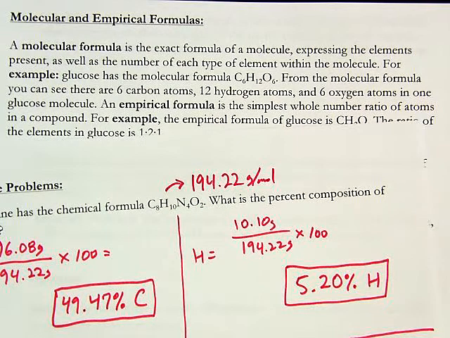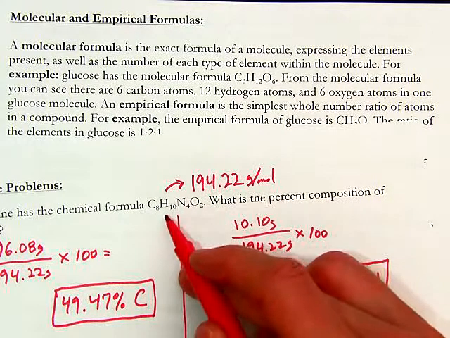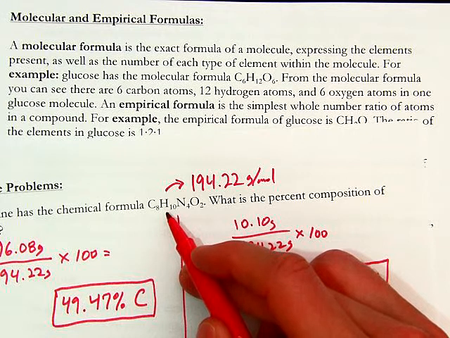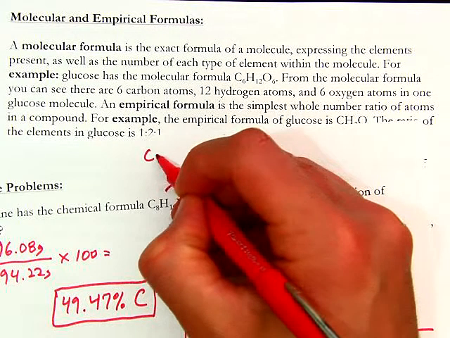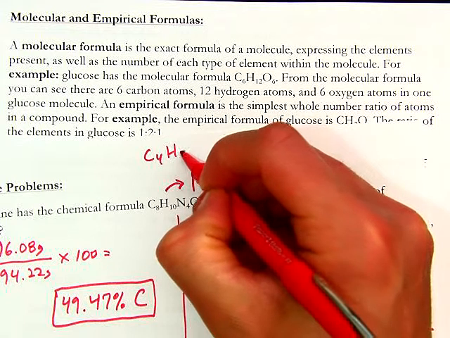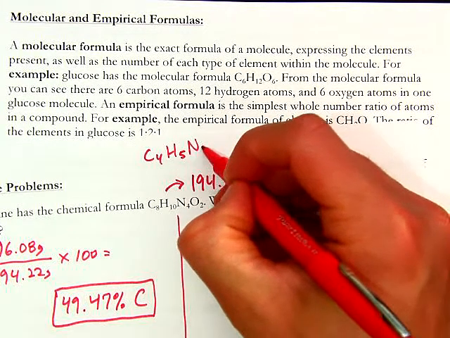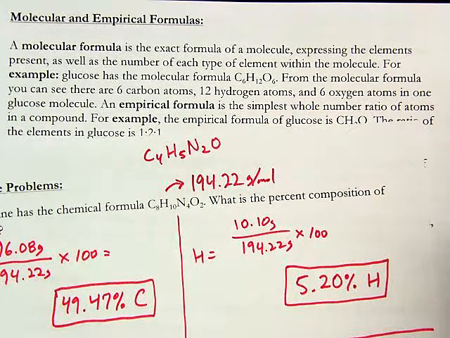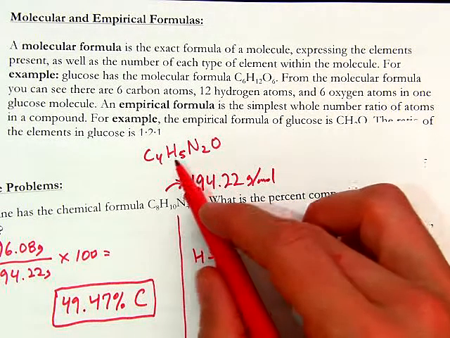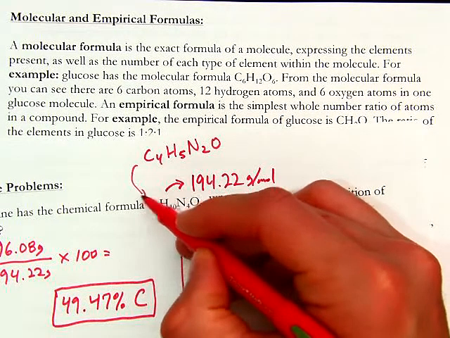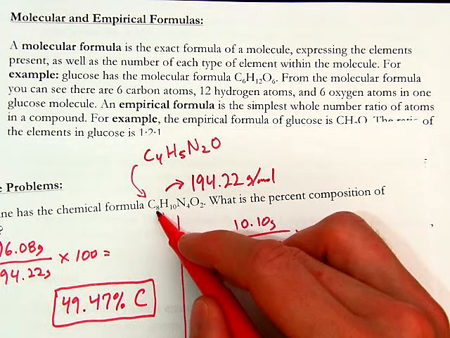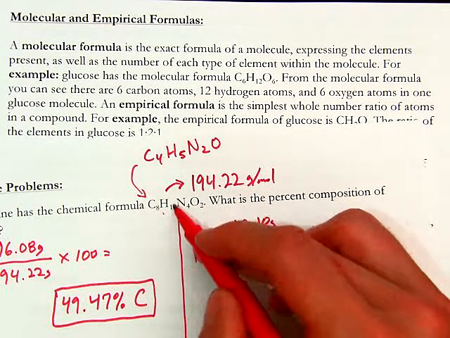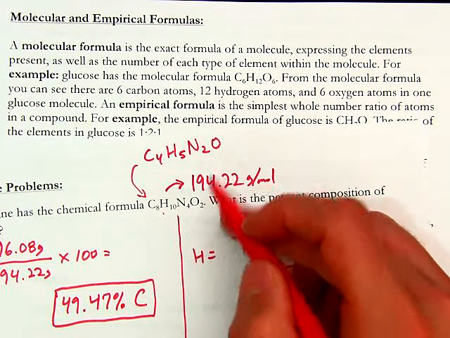So for caffeine, the empirical formula would be C4H5N2O. You notice that this is 1/2 of this, right? 8, 4, 10, 5, 4, 2, 2, 1.